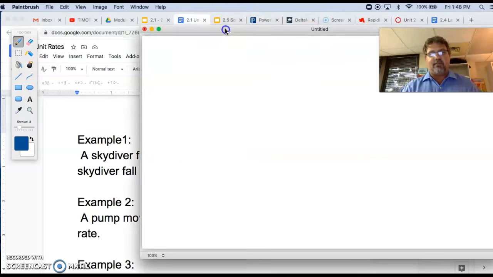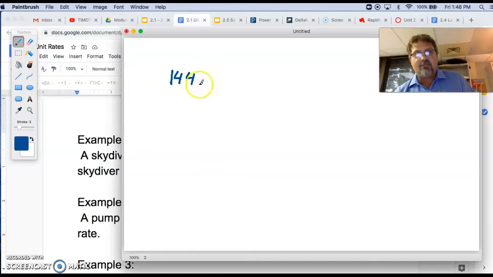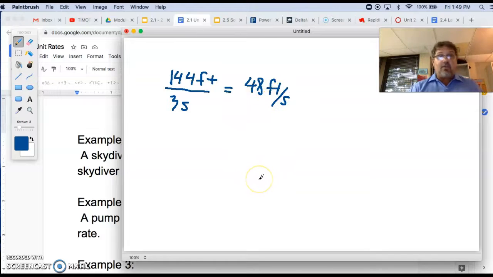So you would set it up like this: 144 feet for every 3 seconds. When you divide 3 into 144, you get 48 feet per second. That's called a unit rate. Much easier to work with, right?